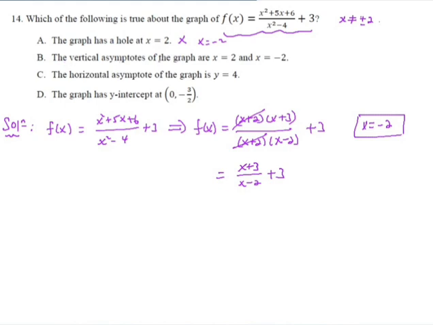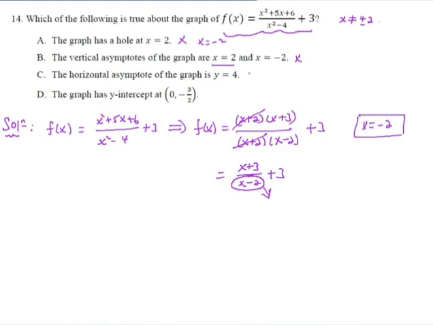The vertical asymptotes of the graph are 2 and minus 2? No, the vertical asymptote is obtained from this expression. x minus 2 equals 0 means x equals 2 is the only vertical asymptote. So the statement in B is also wrong. The horizontal asymptote of the graph is y equals 4.